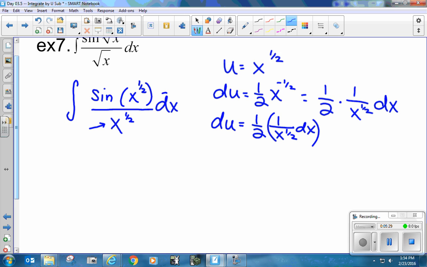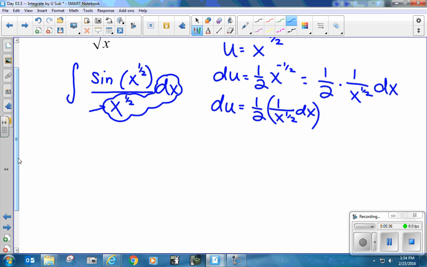For this and this. I'm going to write this out even more so it's obvious. I'm going to change that again. This currently is the integration of the sine of x to the 1/2 times 1 over x to the 1/2 dx, isn't it? We have that over there, but what do I do with the 1/2?